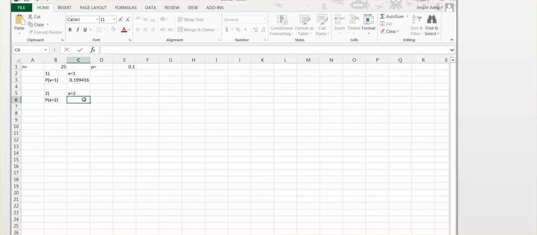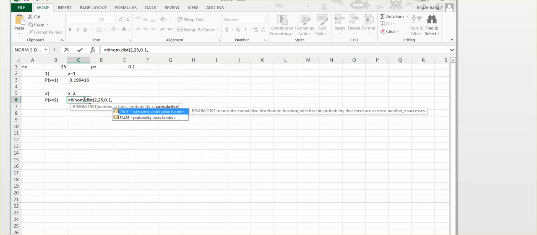Again we use exactly the same function, equal BINOM.DIST, parenthesis, 2, which is the value for x, comma, the number of trials 25, comma 0.1, which is the probability of success, comma.